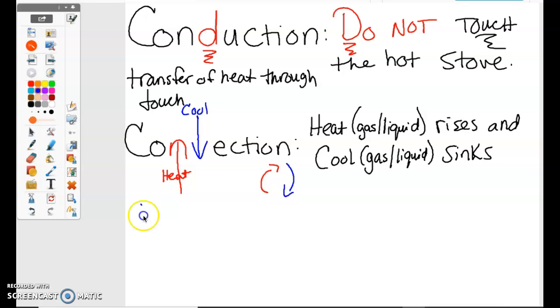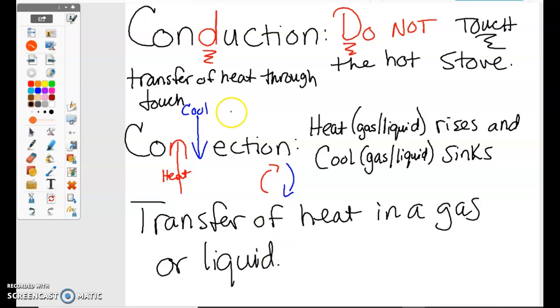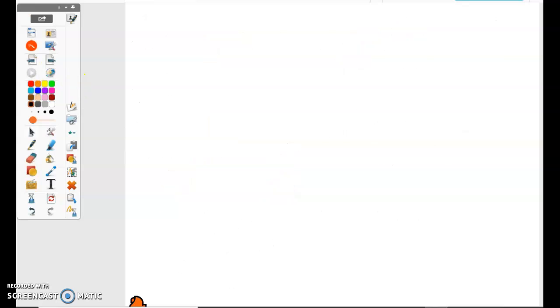Transfer of heat in a gas or in a liquid. I'll give you some time to jot that down. Obviously, we had conduction, convection. The last one that we're going to have is radiation.